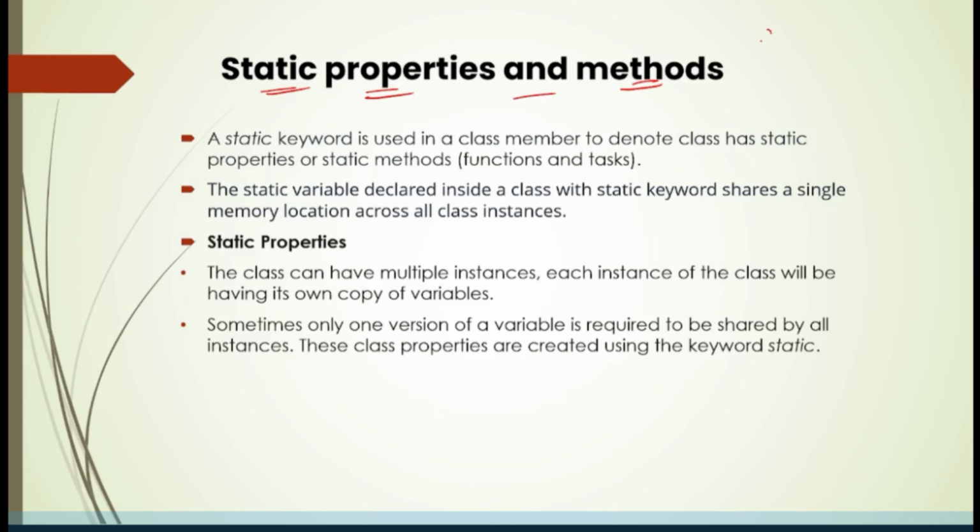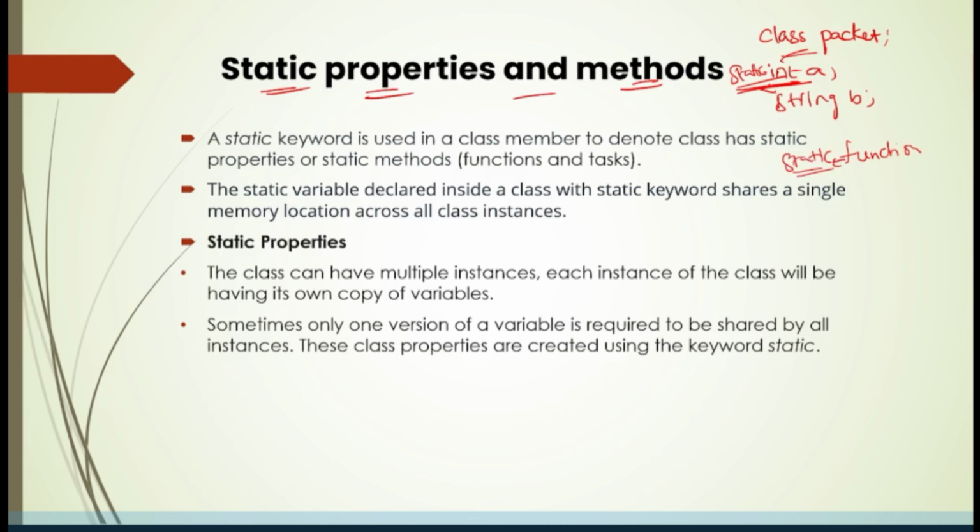For example, if you are writing a class packet, and within it you use int a and string b, two data types. If before the data type you mention the static keyword, then it is called a static property. In the same way, when you write a function within your class and use static before the function, that is called a static method. Got my point? Static properties and static methods.